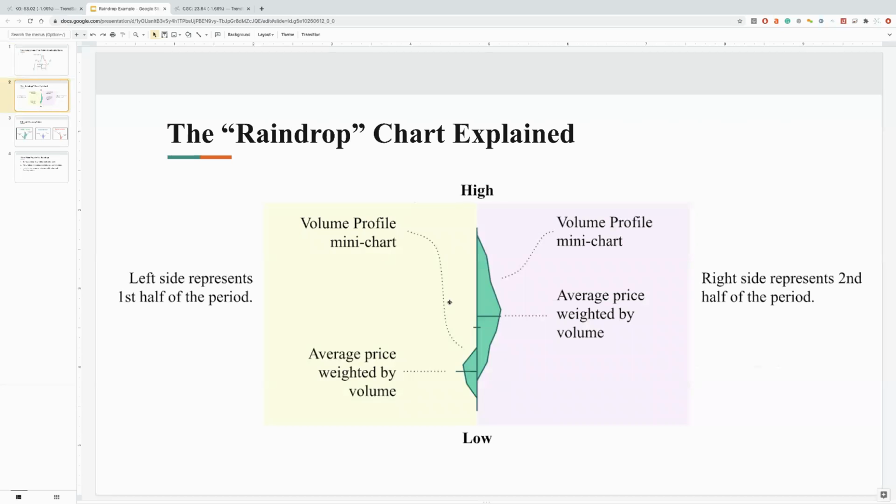If you're using an hourly candle, 390 divided by 60 gives you 6.5 candles. So with an hourly 60-minute chart, the last candle is actually only half of a candle, only 30 minutes compared to 60 minutes of the other ones. So that's why I personally use the 65-minute chart.